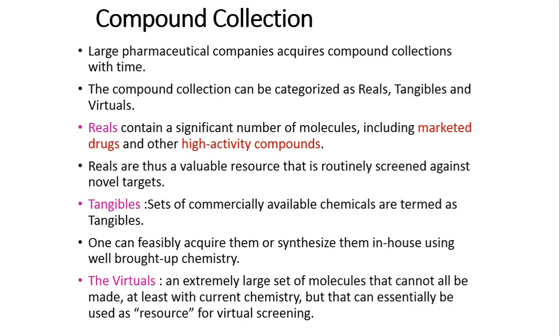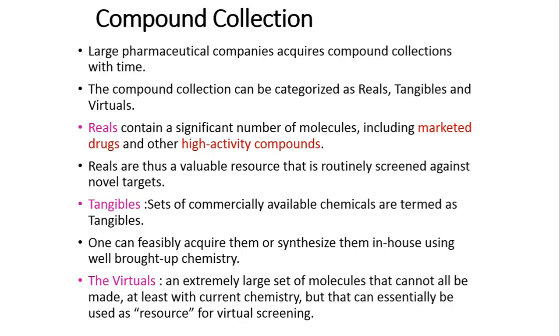Okay, the next set of compounds that you should know constitutes tangibles. These tangibles are a set of commercially available chemicals that you can buy from certain companies. So one can feasibly acquire them, or one can easily synthesize them in your own laboratory or in your own pharmaceutical company using well-established chemistry that is already there.